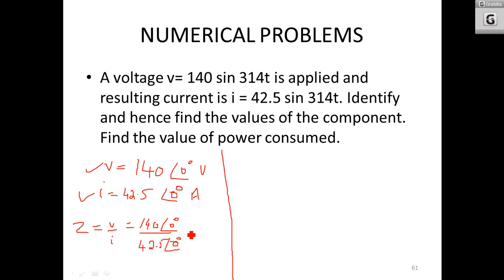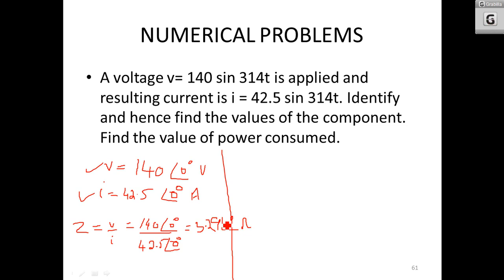What is 140 by 42.5? It gives 3.29, at an angle 0 minus 0, which is 0 degree. So you got the impedance as 3.29 at an angle 0 degree ohm.